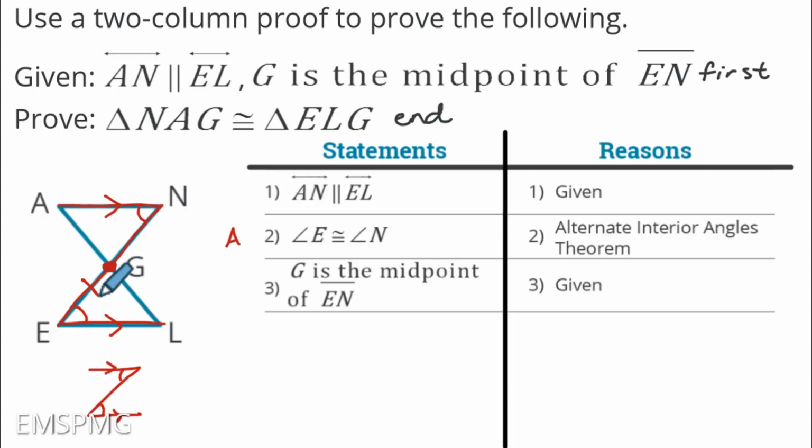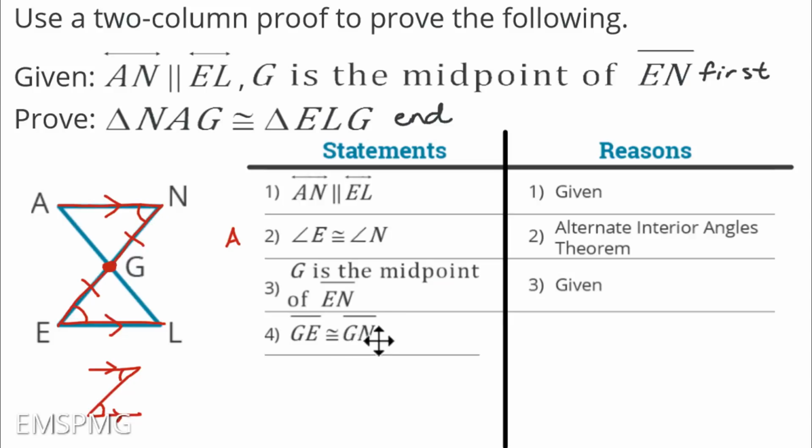So this side has to be congruent to this side. So step number 4: segment GE is congruent to segment GN.